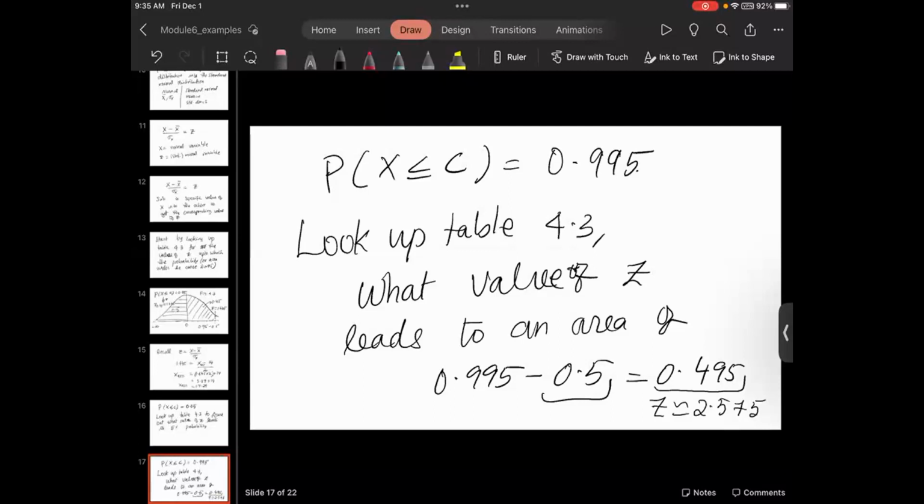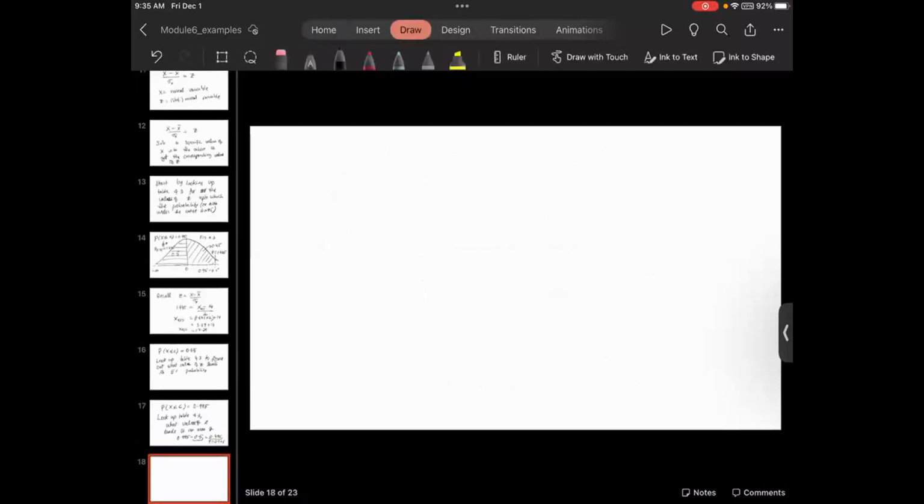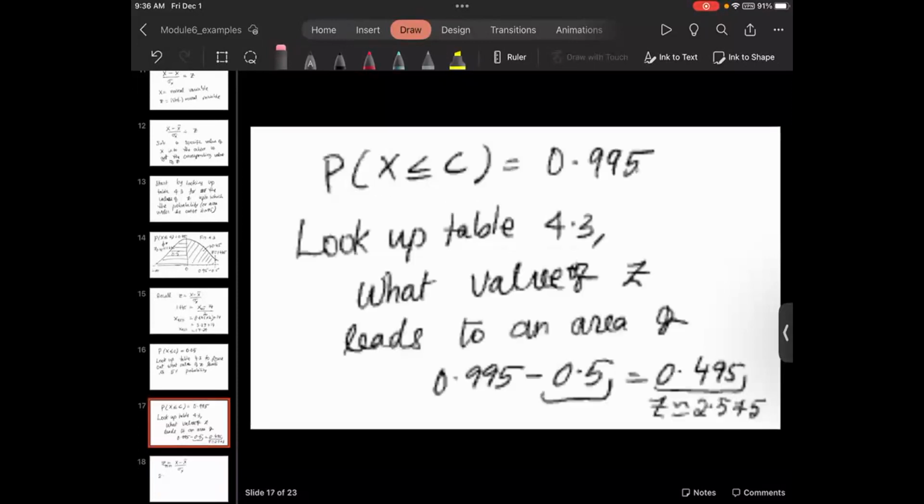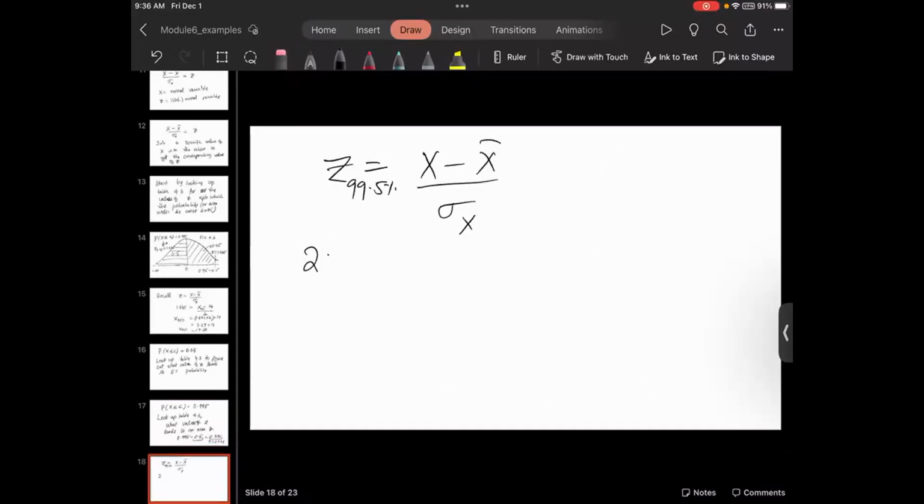Okay, so Z is nothing but x minus x bar divided by sigma x. So Z for 99.5% is 2.575, equal to x minus x bar, which is 14, divided by sigma x, which is 2.